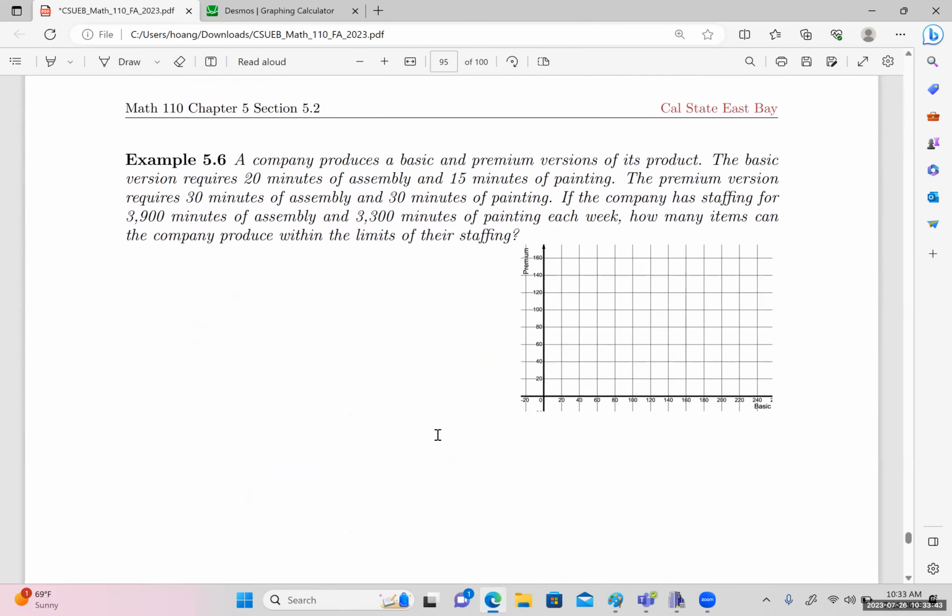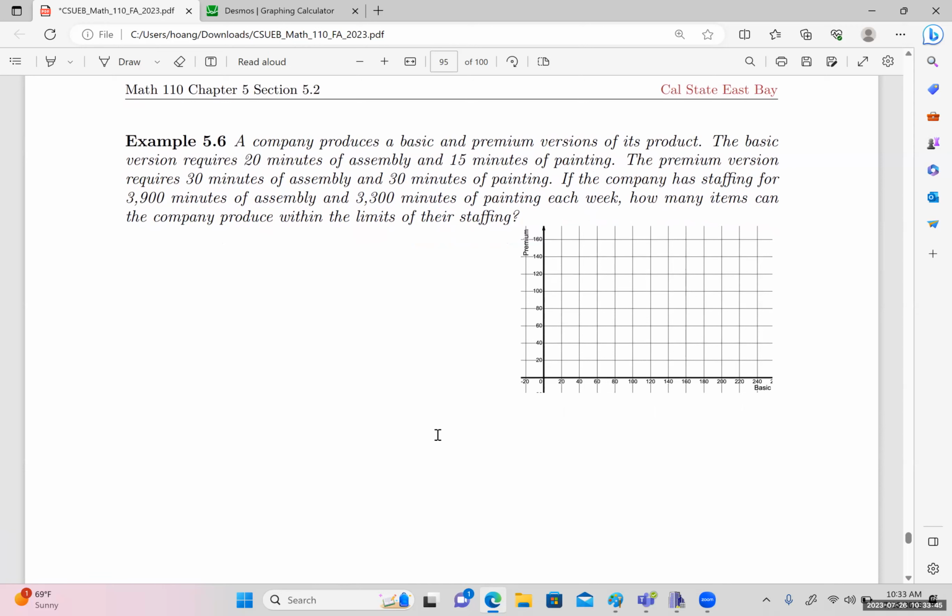Okay, so that's going to be it for that. Let's move to an application for this. A company produces a basic and a premium version of its product. The basic version requires 20 minutes of assembly and 50 minutes of painting.